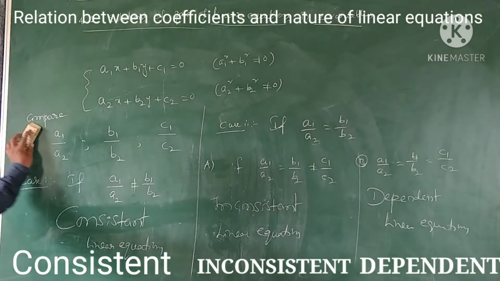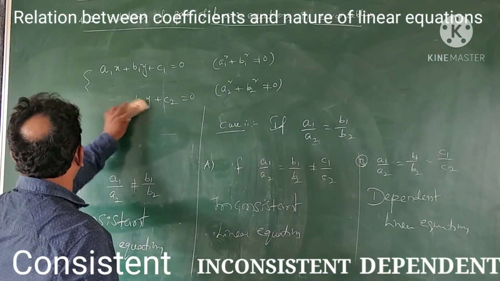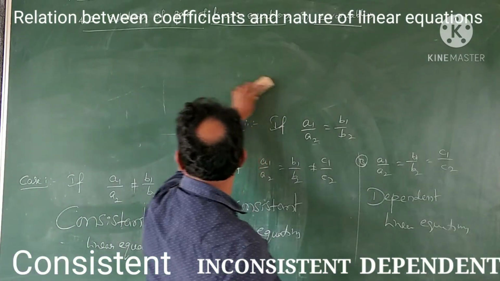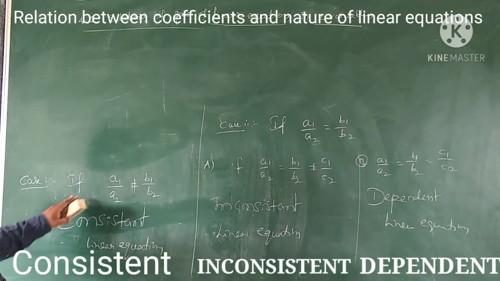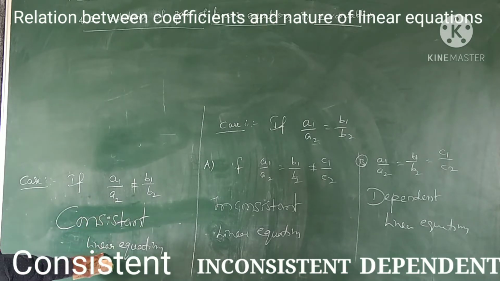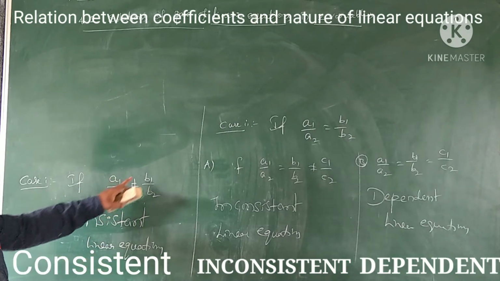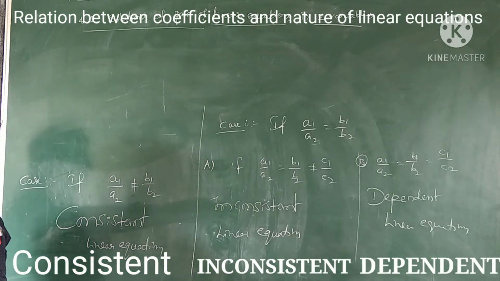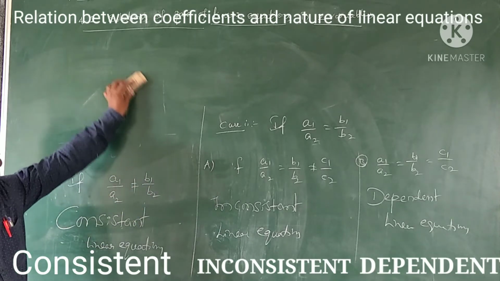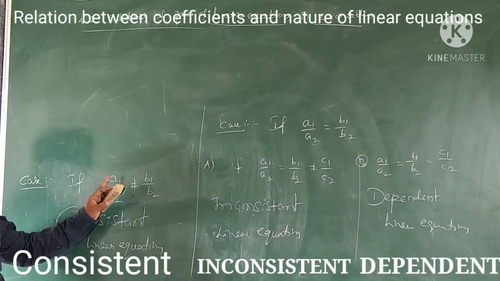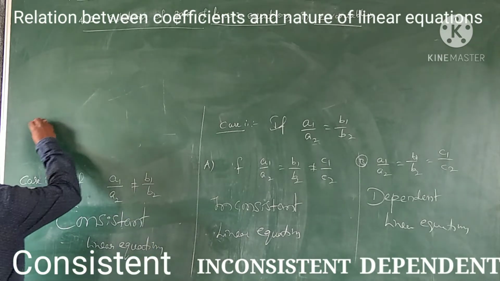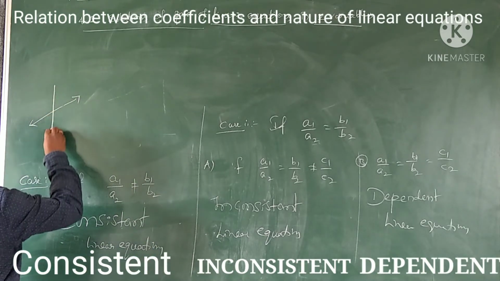Observe here, if a1/a2 is not equal to b1/b2, what are consistent linear equations? If the ratio of x coefficients and the ratio of y coefficients are not equal, and we draw a graph of this pair of linear equations, they intersect at one point.